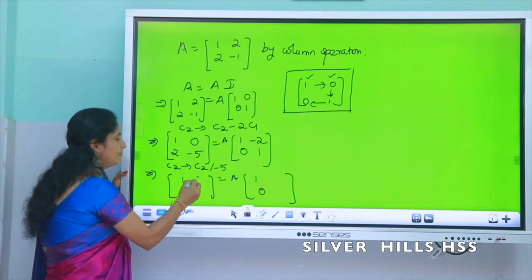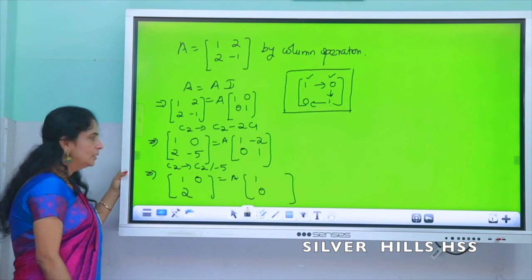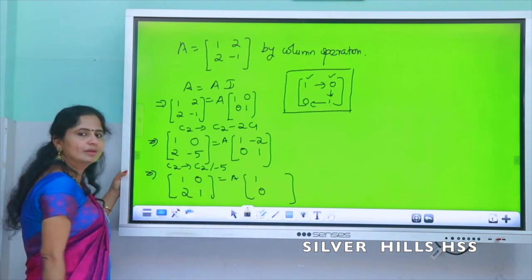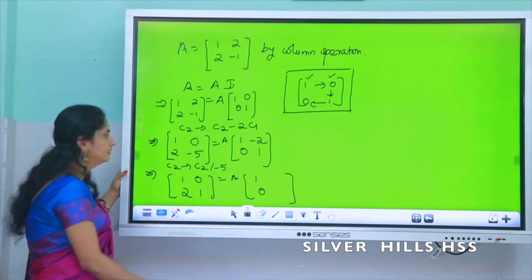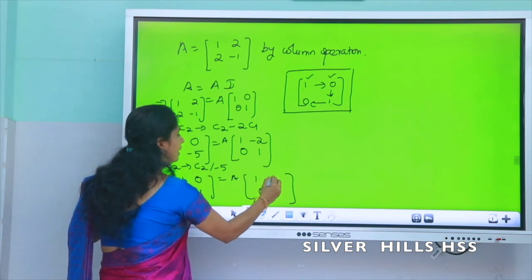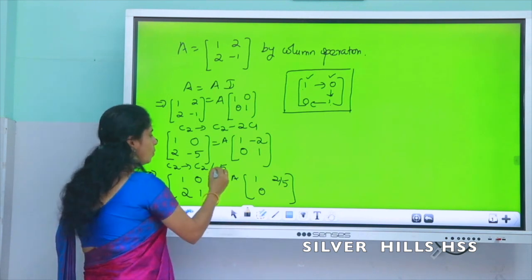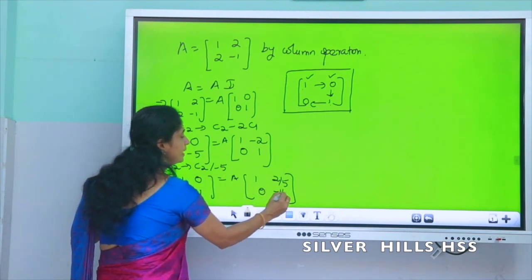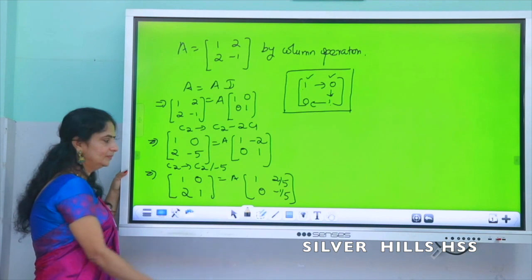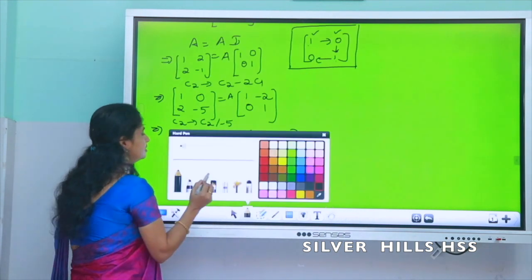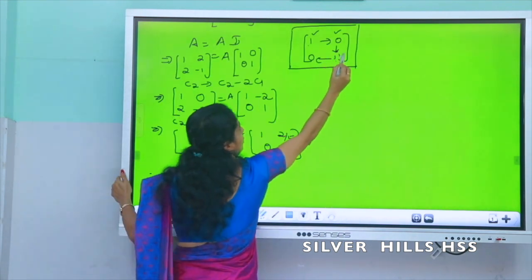So 0 by minus 5, minus 5 by minus 5, 1. Here what do we have? Minus 2 by minus 5 is 2 by 5. 1 by minus 5 will become minus 1 by 5. Okay. So we got this one also.